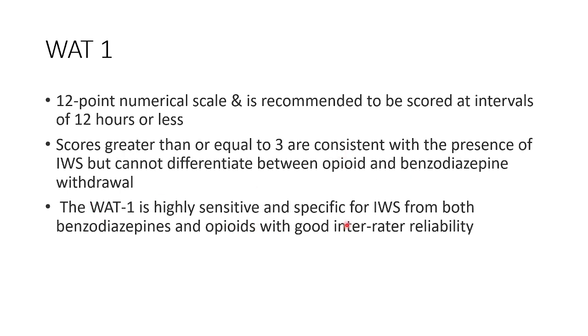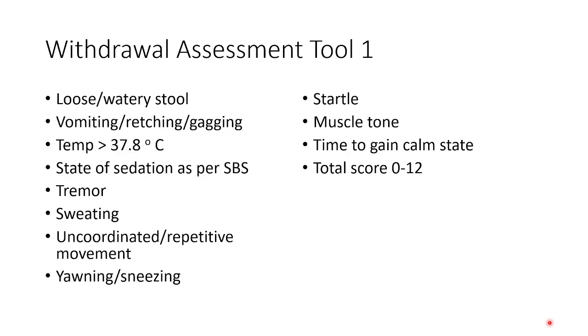It is highly sensitive and specific for overall scoring of IWS, with good inter-rater reliability. This is perhaps the best validated score for diagnosing withdrawal. It consists of features like loose watery stool. There is 1 point for each of these if present.